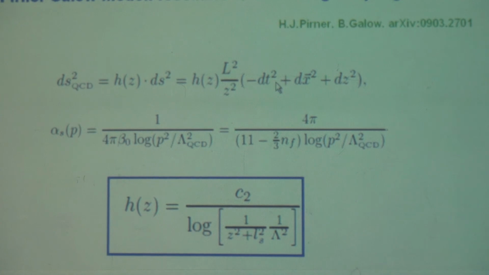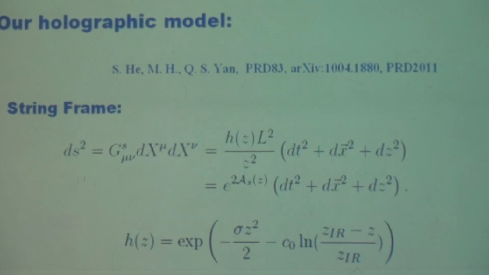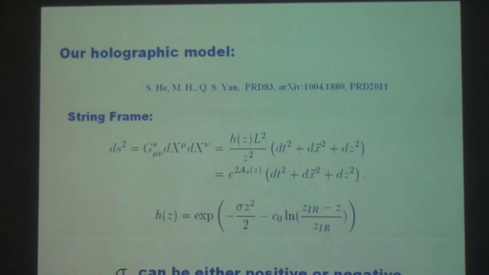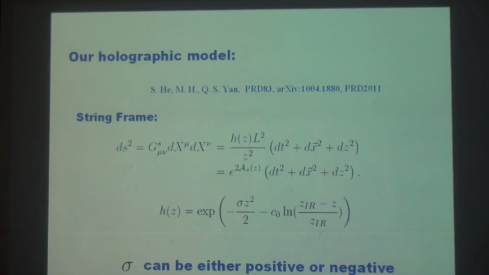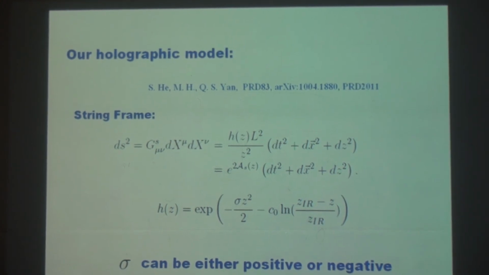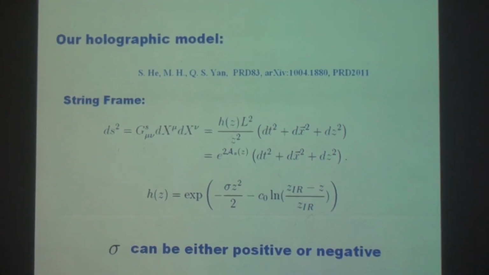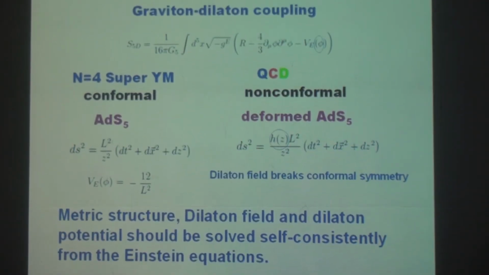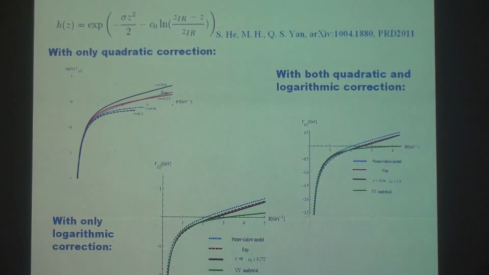With this, they can also produce this linear potential. And we also, well, it's just a naive try, of course, introduced some kind of deformation, and we can also produce this linear potential.